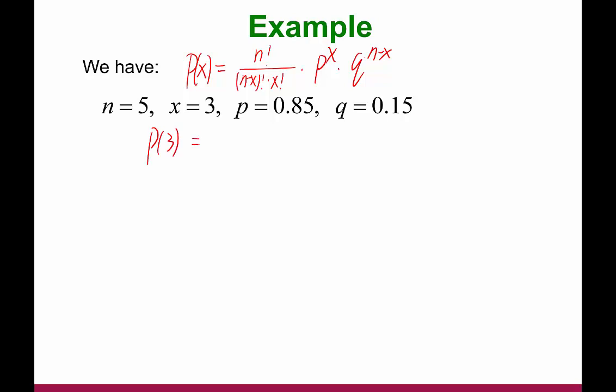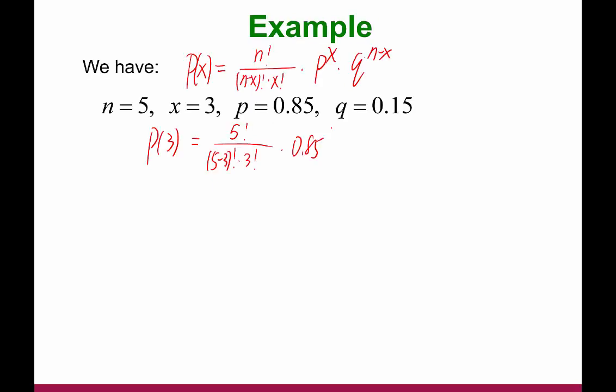So it's n factorial, n here is 5 factorial, over 3 factorial times 5 minus 3 factorial, times 0.85, which is p, raised to the third power, 0.15 cubed, raised to the second power, which is 5 minus 3.